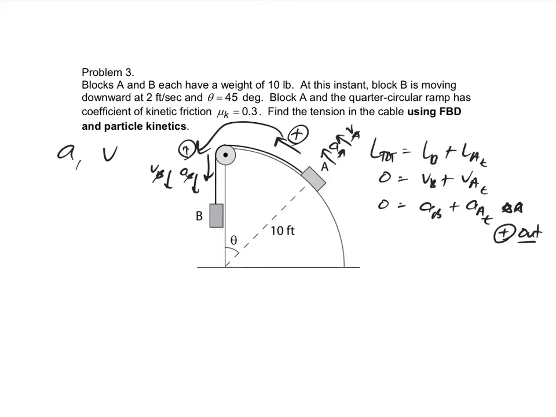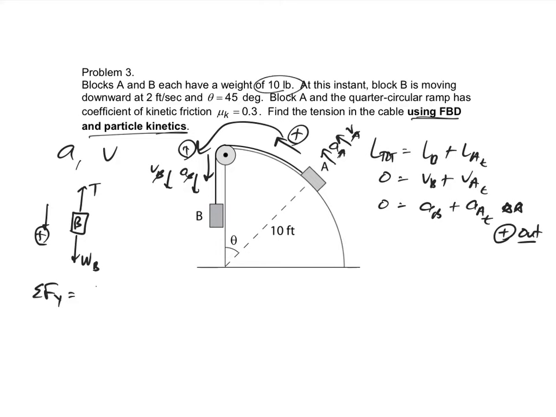All right, so we're going to be doing free body diagrams. We're going to be doing particle kinetics. Let me draw the free body diagram for block B. So for block B, I've got the weight of B, and I've got the tension in the cable. And I'm going to say this is positive Y. So summing the forces in the Y direction would be the weight of B. What is the weight of each?